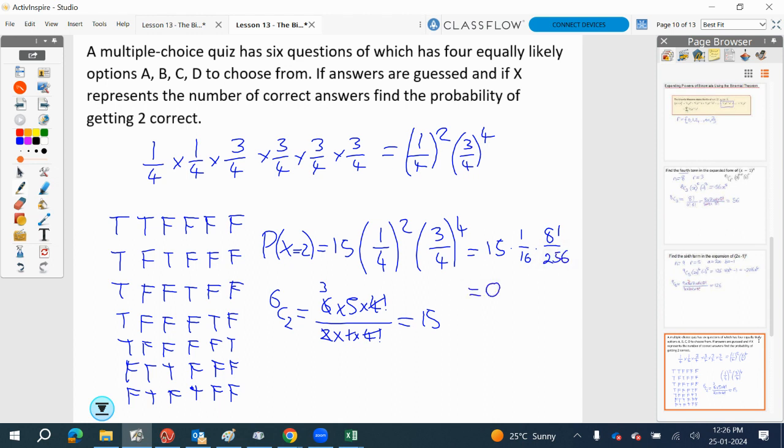Calculator at that point, and we get 0.297.